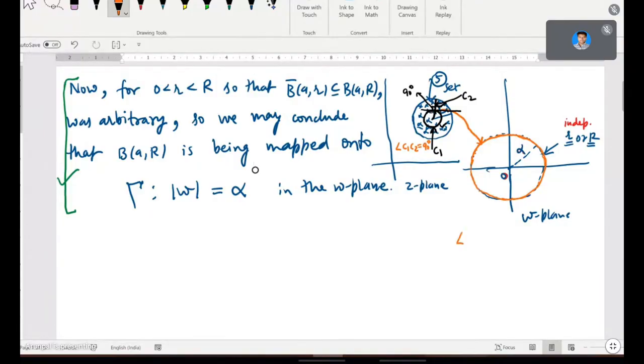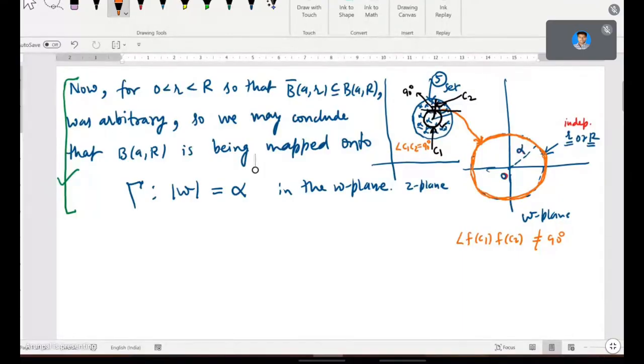So what will be the angle between the image of C1 and the image of C2? Certainly not 90 degrees. That will be simply 0, because they are overlapped now. Whatever C1, C2 you take, the images always lie on this circle. Yes or no? Yes, sir.